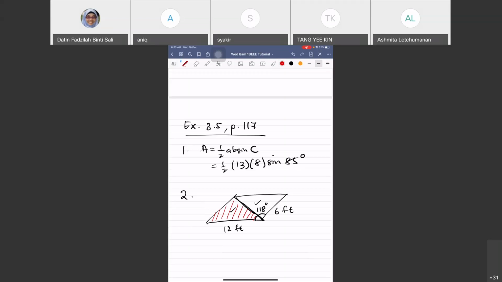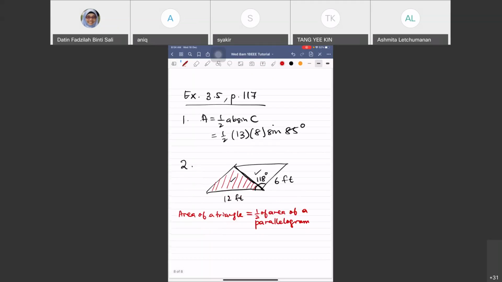So if area of a triangle equals half of area of a parallelogram, that means area of a parallelogram equals 2 times area of a triangle.